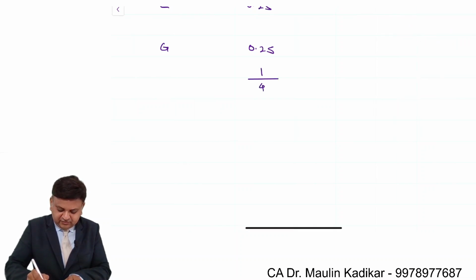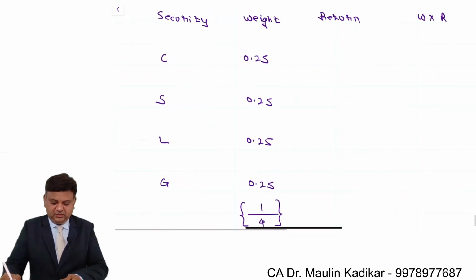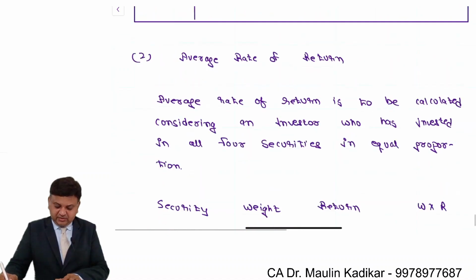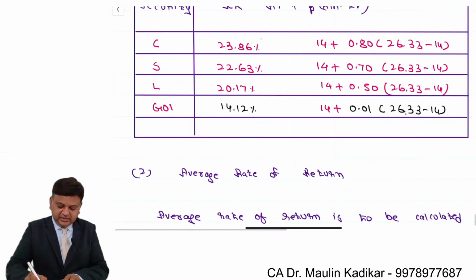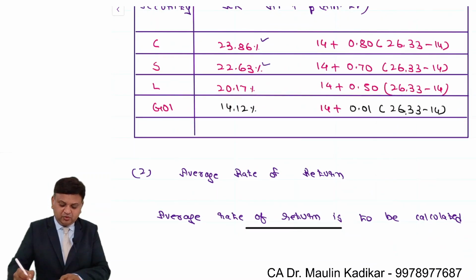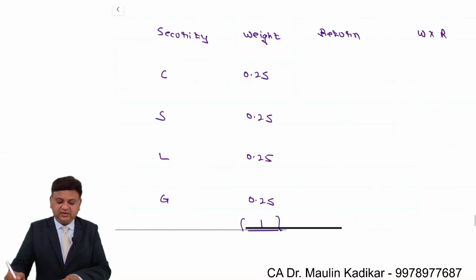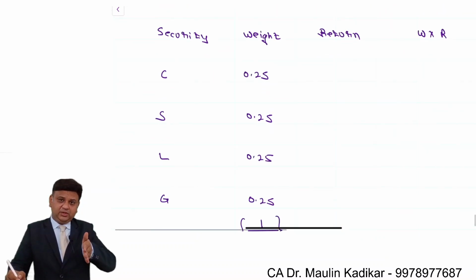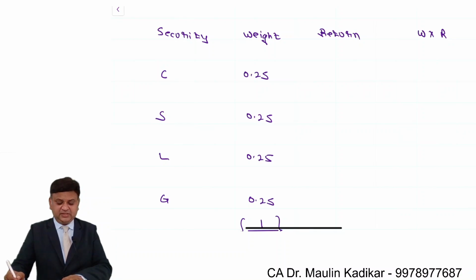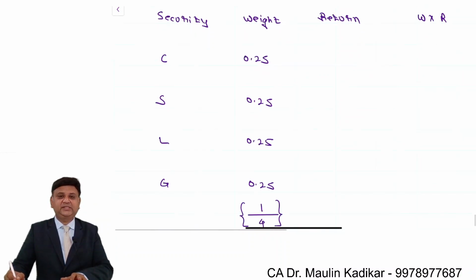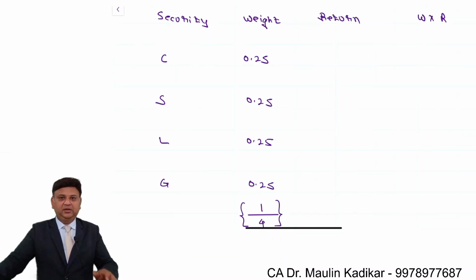That is the way the weight or proportion will be calculated. The total of the weight is of course 1, multiplied with the respective return. The returns are 23.86, 22.63 and so on. Weight into return is the way the weighted average, that is the average rate of return, will be found.